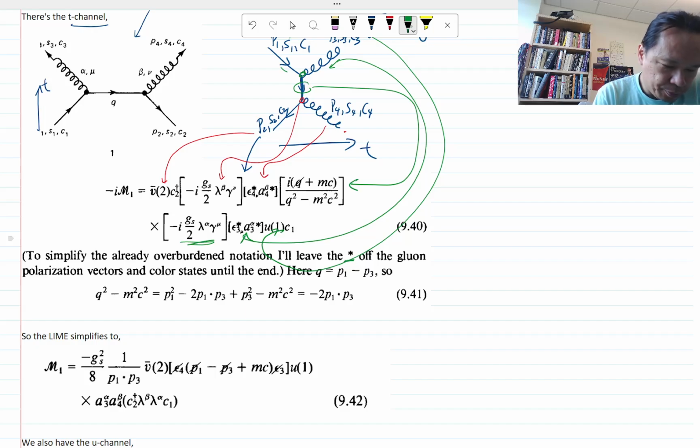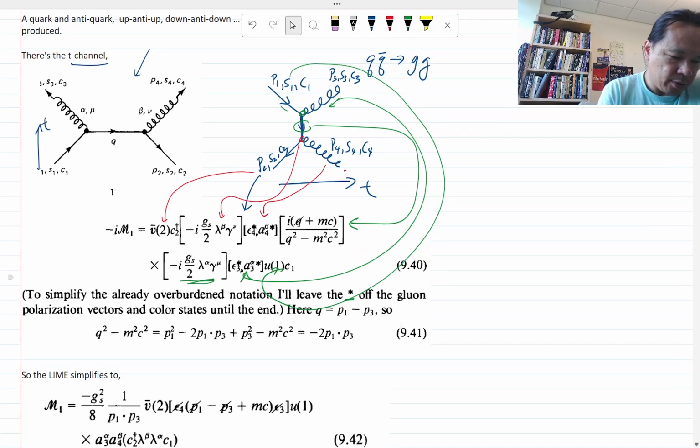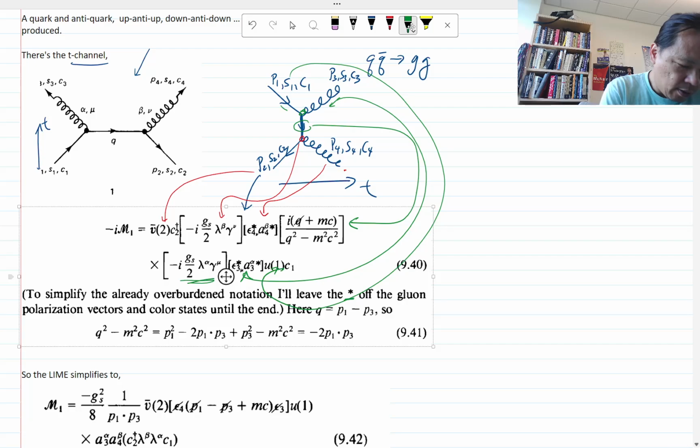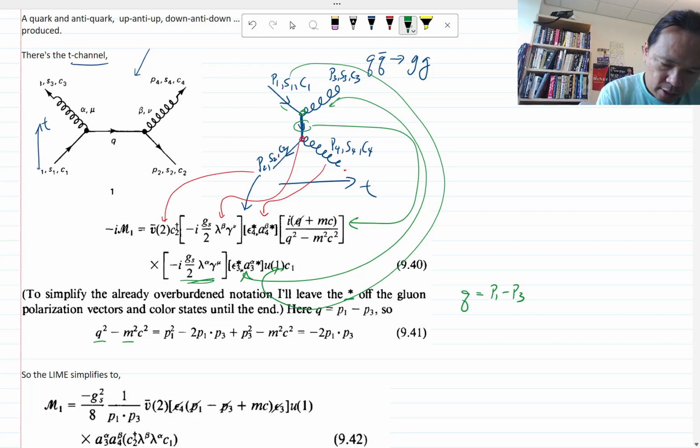Okay, so if we were to do a little bit of kinematics with this, right, where q squared minus m squared is going to be whatever q is, right, it's going to be equal to P1 minus P3, right? And if you square that, then you end up with this cross between P1, P3, and then there's a negative cross term, right, which is the 2 times P1 dot P3, okay?